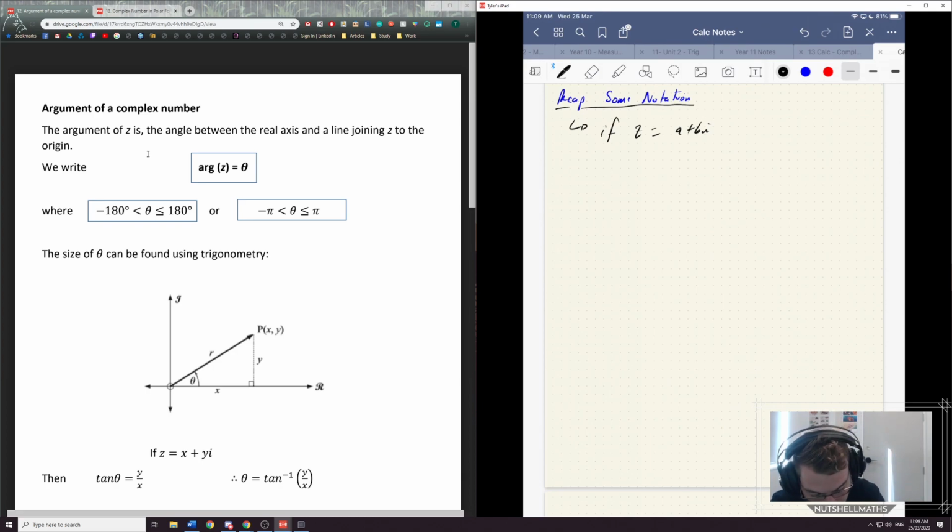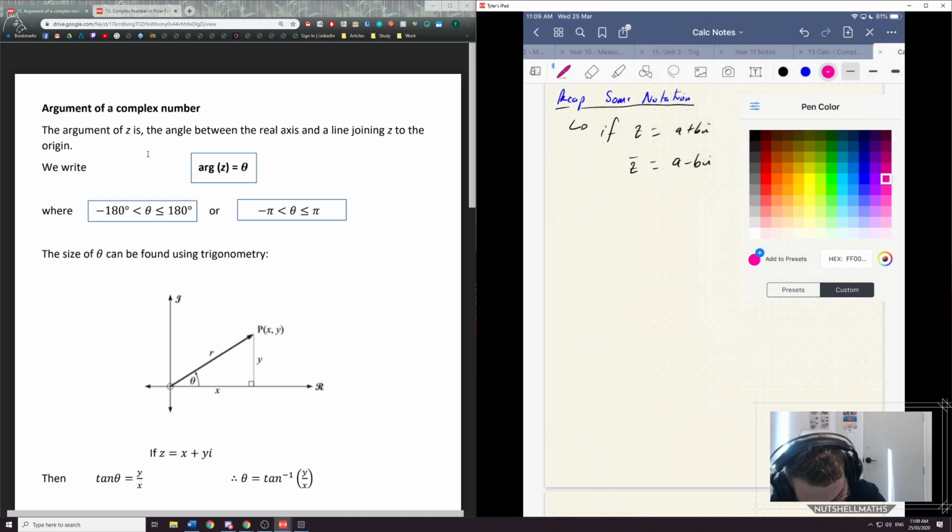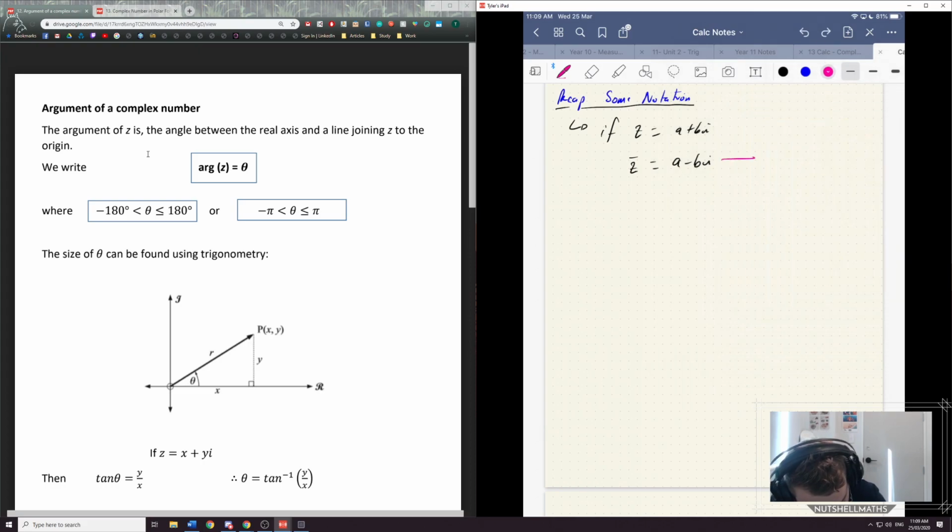Right, let's say z is a plus bi. Then we've learned that we can write z bar, z hat as a minus bi. And we call this, let's get a fancy pen, we call this the conjugate.